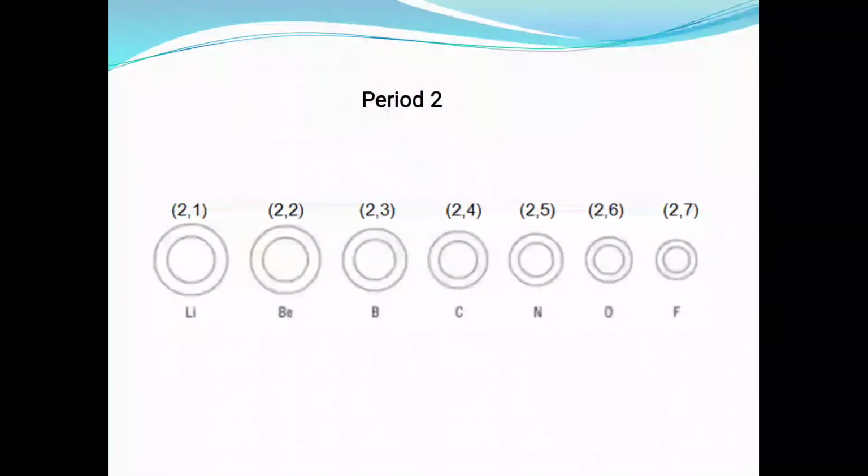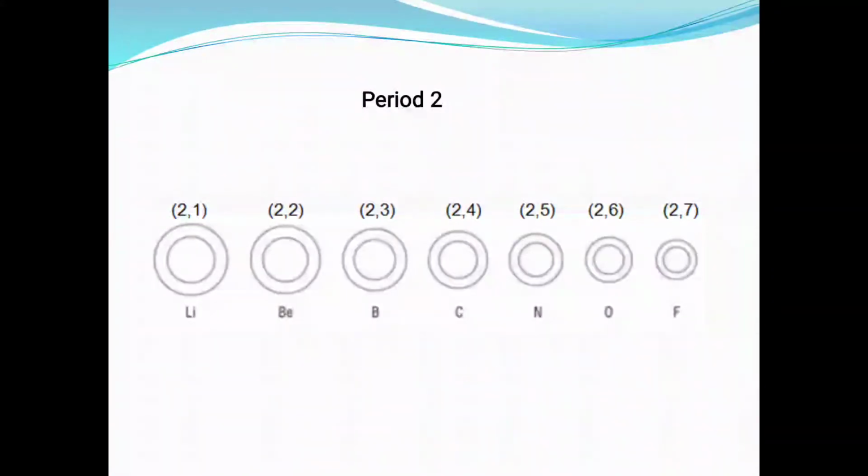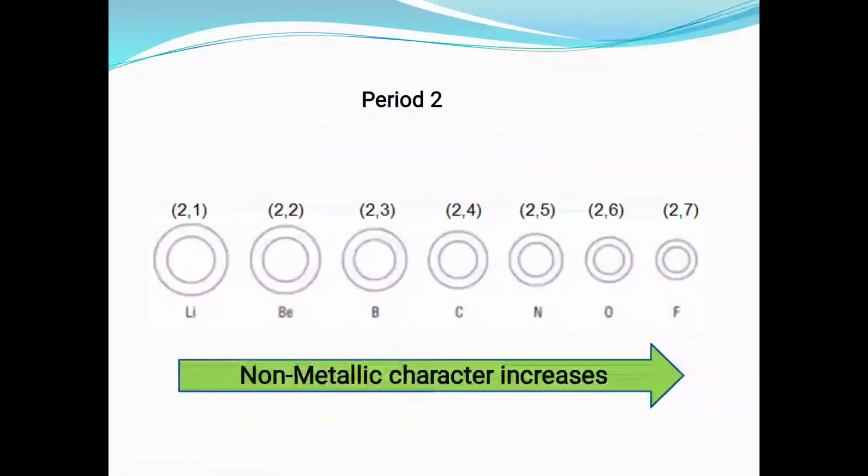We have seen while going across the period, metallic character decreases, okay, because the easiness of losing electrons decreases, right? As the metallic character decreases, non-metallic character increases, because all these elements have to accept electrons to complete their octets.